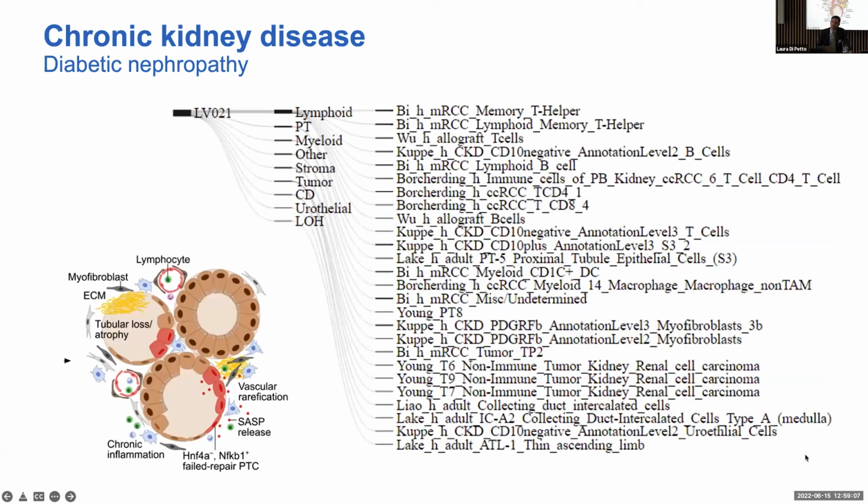Other latent variables were a little bit more complex. For example, LV21 is associated with different cell types. If you look a little bit closer, we see the association with immune cells, with some epithelial cells, and also with endothelial cells and myofibroblasts again, suggesting that one single latent variable could reflect the combination of different cell types that we know are strongly interacting, building these cell communities, which are probably important in these biological processes.